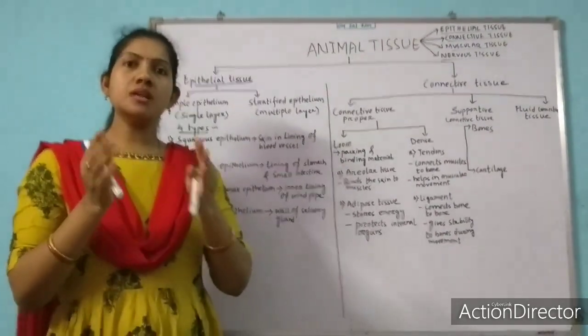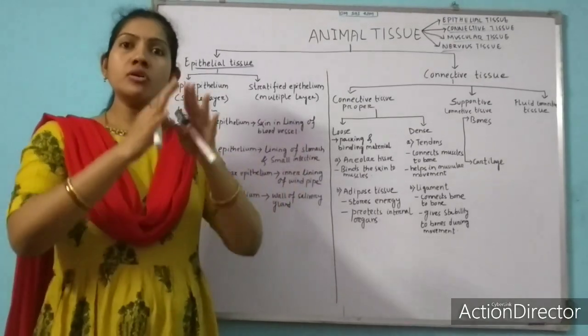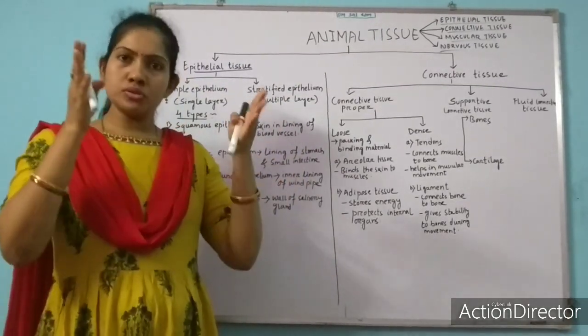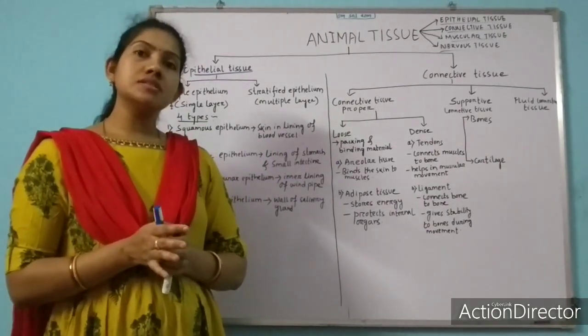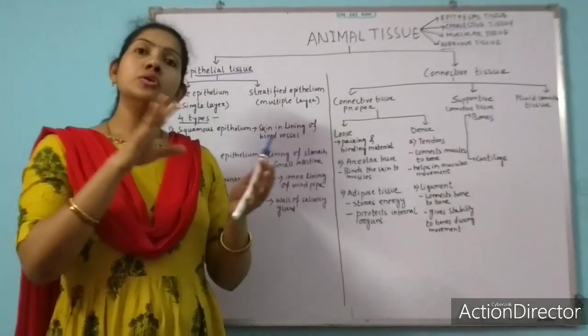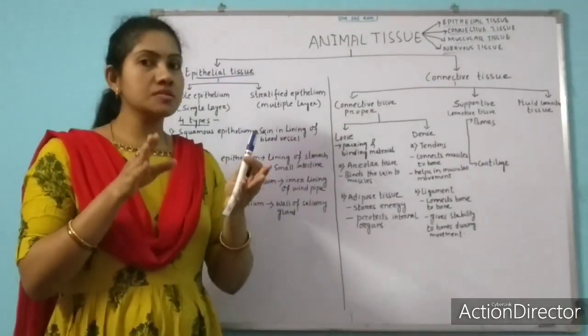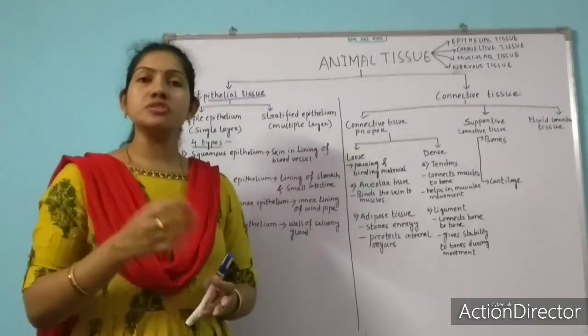So epithelial tissue is mostly present on the surface or on the lining of different organs and also of our body. Epithelial tissue generally consists of cells with no intercellular space. There will be no intercellular space between the cells in epithelial tissue.